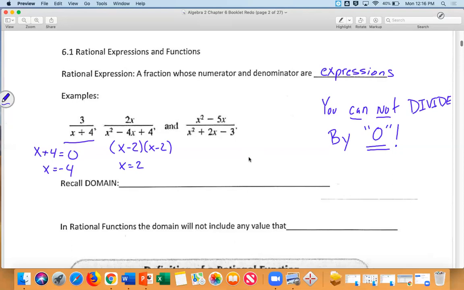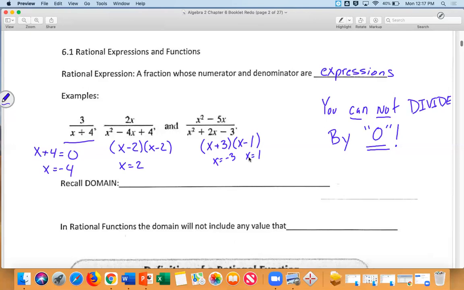Then what are the factors of -3 that add up to 2? 3 and -1, so we would have x plus 3 times x minus 1. I'll talk about the top in a minute. We would set these equal to 0, and we would have x equals -3 and x equals 1. But now recall domain.